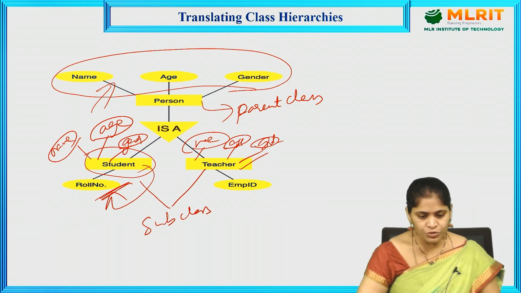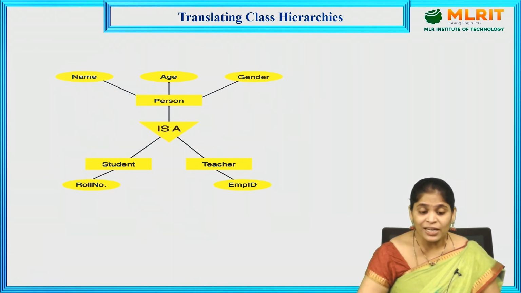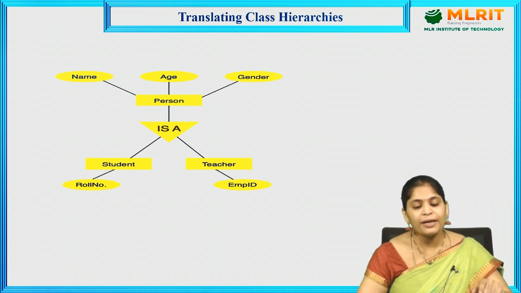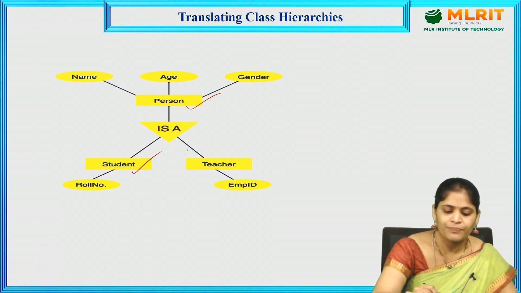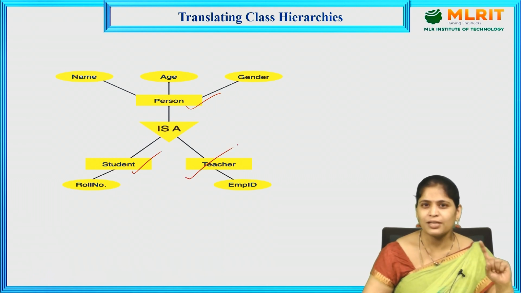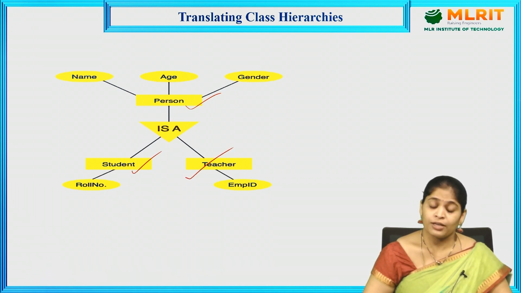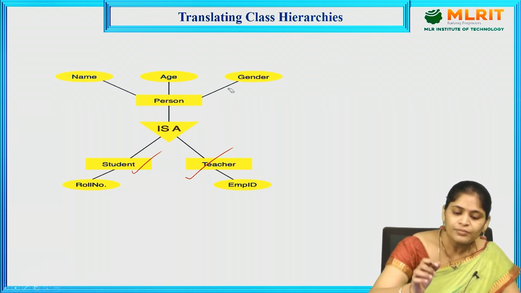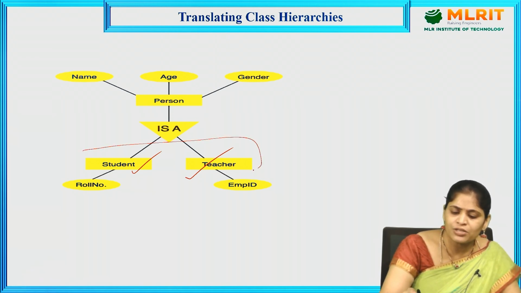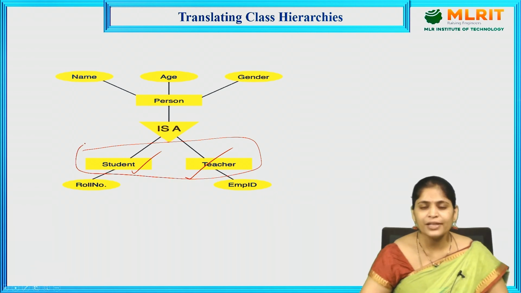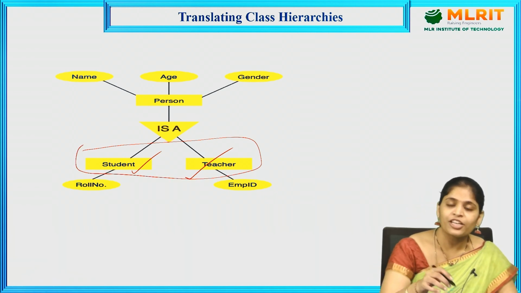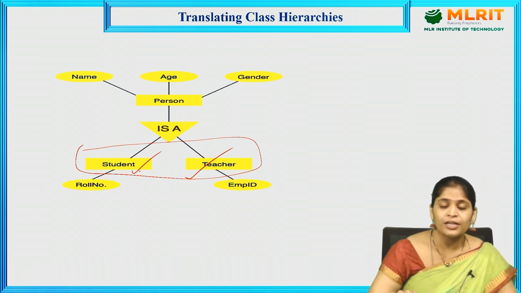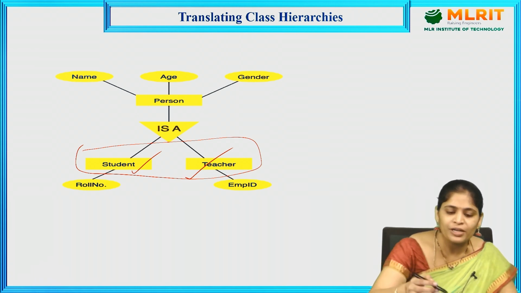So what I used to deliver here is we can convert this ER diagram into tabular representation by creating all the three tables. That is the first option. And what we can consider as the second option also? By considering only these two, student and teacher, we can create tables by inheriting the properties of the parent class.